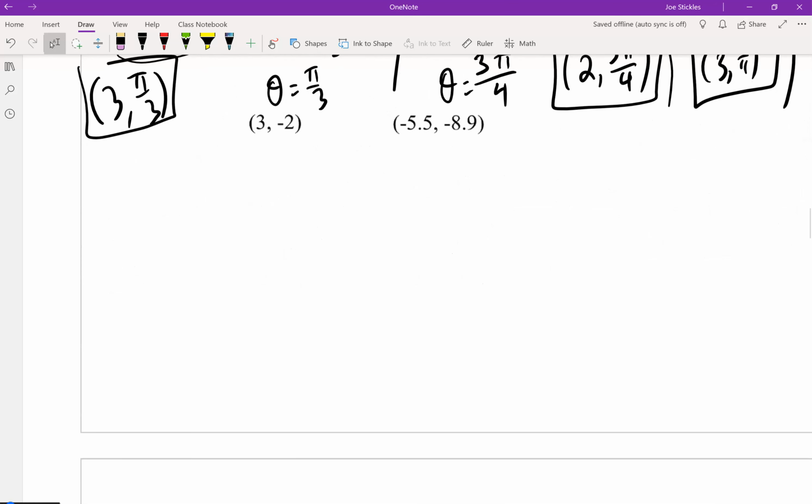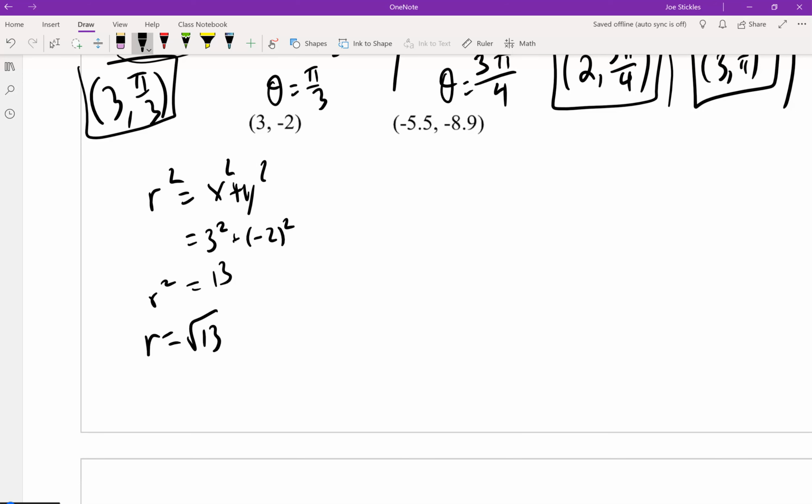All right, 2 more. Again, very straightforward to get your r. You get r squared equals 13 in this case. So r is equal to root 13. Theta is more difficult. Tangent of theta equals negative 2 over 3.